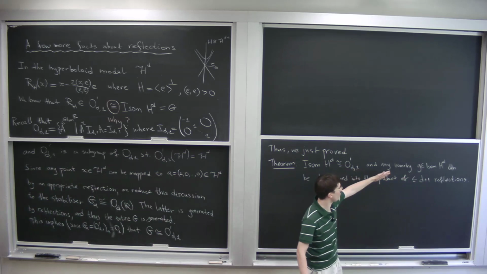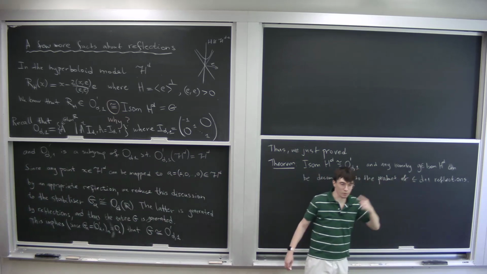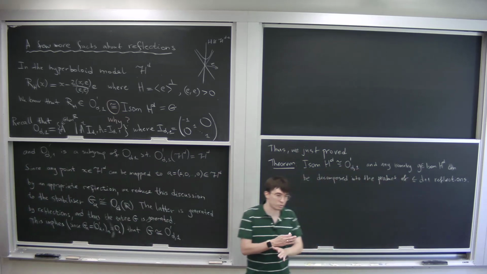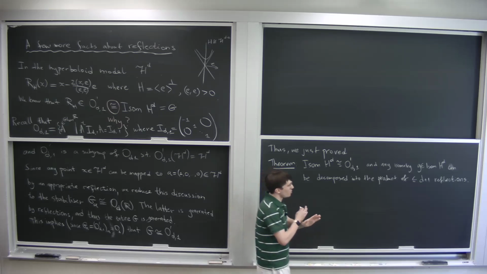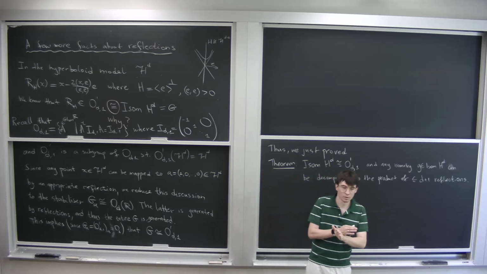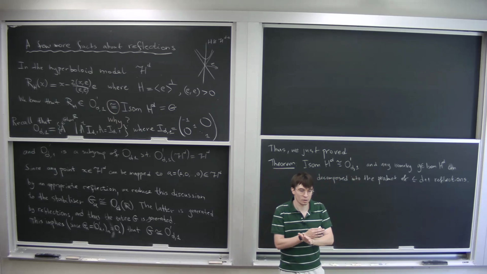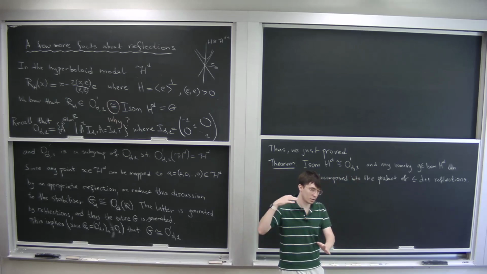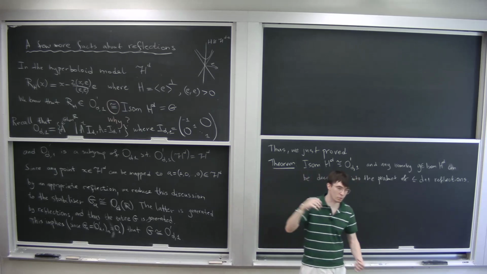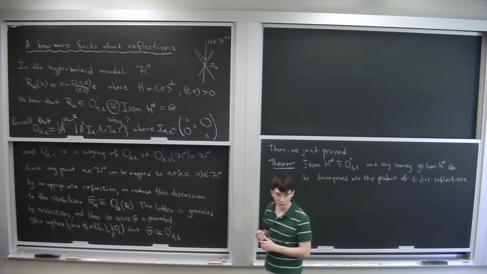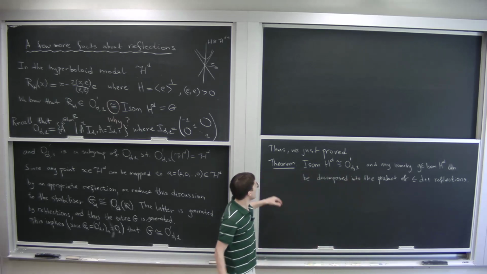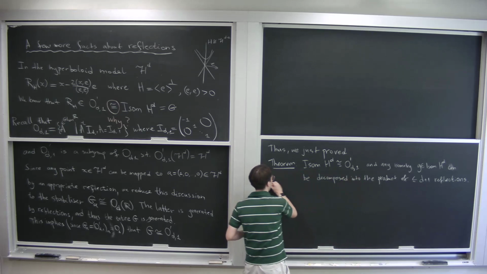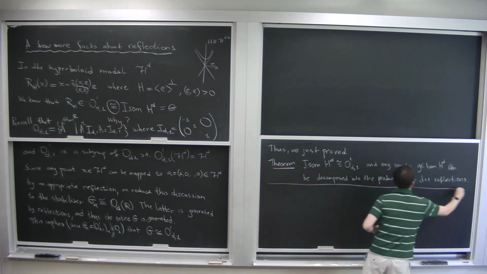For instance, if it is a hyperbolic reflection itself, you have just one. If it is a nice rotation around a codimension 2 plane, you need just two reflections with respect to hyperplanes intersecting along this codimension 2 plane. So that's the idea. But this fact is very important.